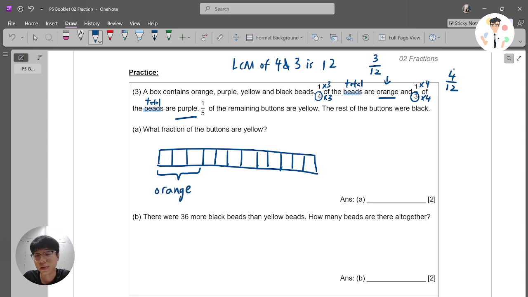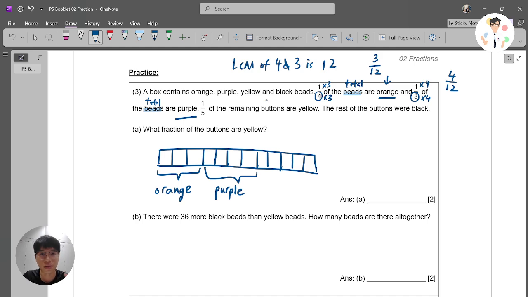And 4 out of 12 are purple: 1, 2, 3, 4. These are purple. Does it make sense? Again, this is very important because these beads and these beads are referring to the same thing. That's why I will make it the same.